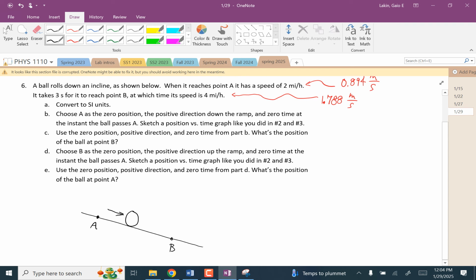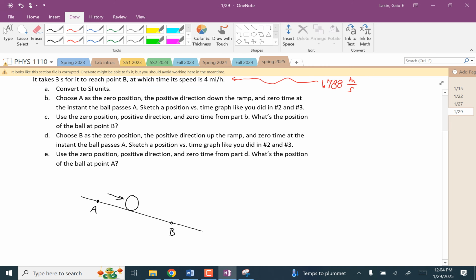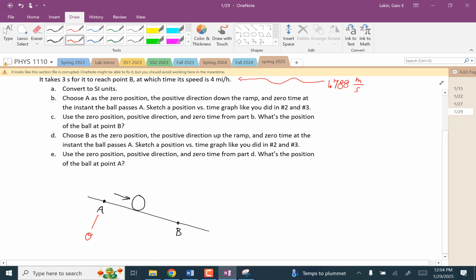When it reaches B, gravity's making it speed up that whole time, and at B, it has a speed of 1.788. And so it says, first we're going to choose our 0 position to be at A. The positive direction is down the ramp. So positive is this way, negative is this way.